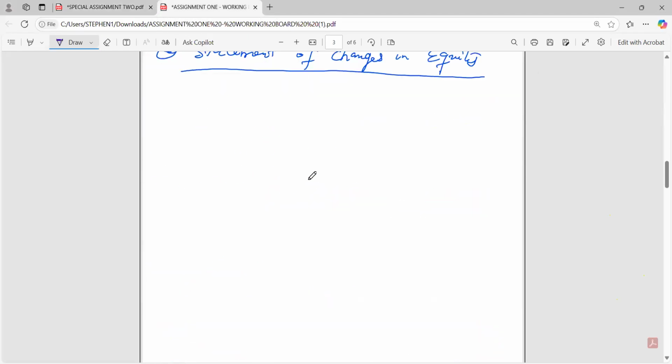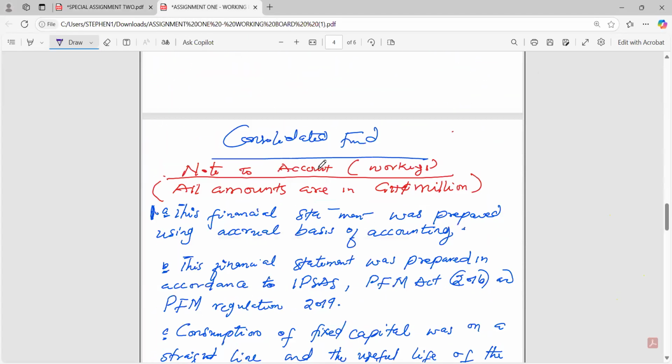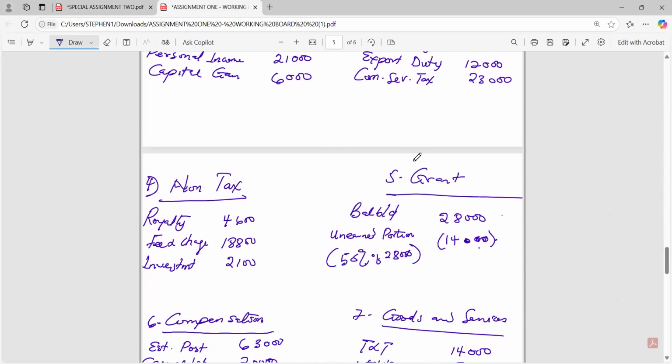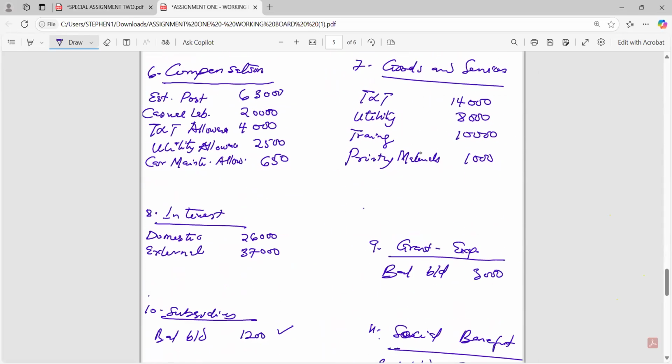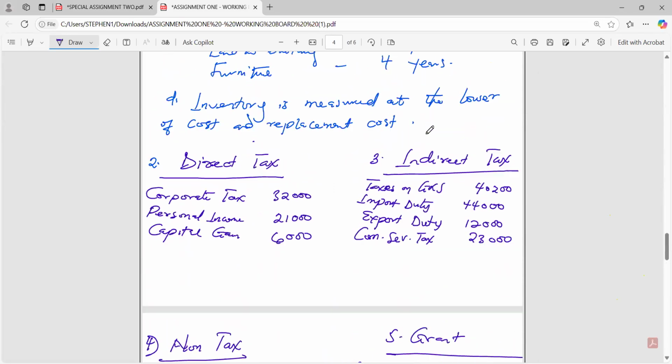So this is NAPCO, non-established post. So go straight to compensation, then write NAPCO salaries arrears, 6,000. This same one we are owing.